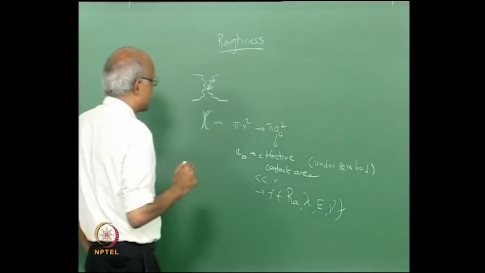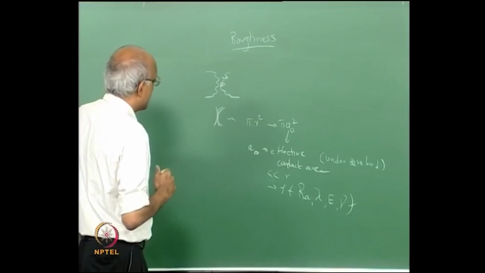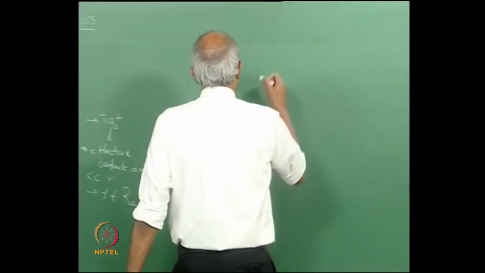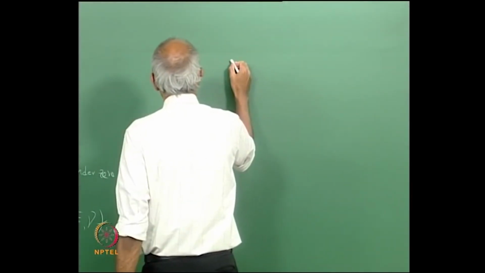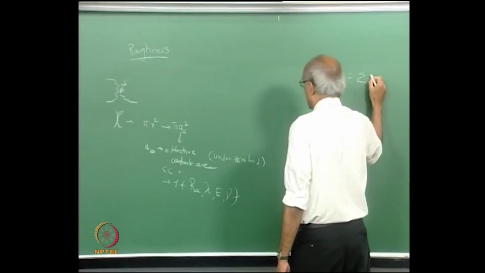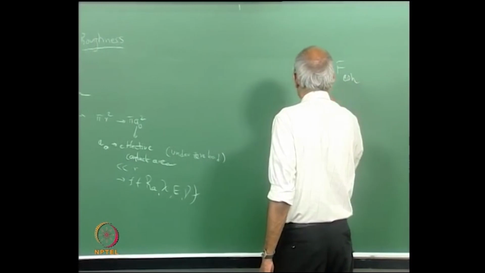The other consideration here is in terms of the total tablet strength, as I mentioned. Now, let us say that you have, going back to that formula, C equals summation over F adhesion or F cohesion.